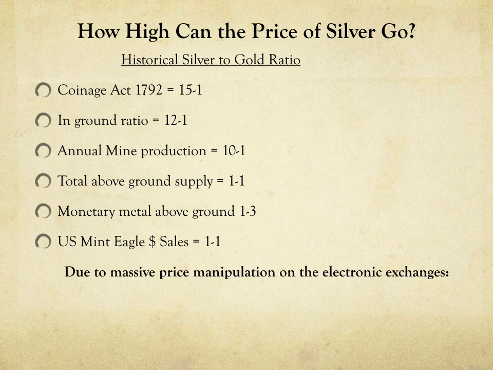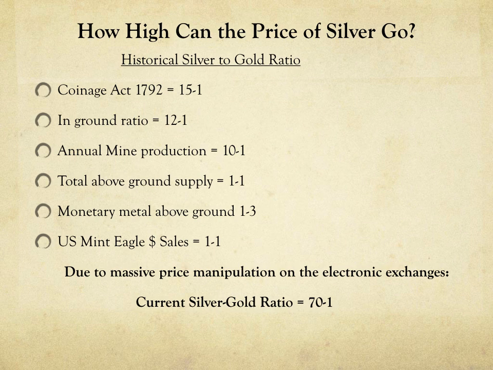Because due to massive price manipulation on the electronic exchanges, the current silver to gold ratio is 70 to 1. 70 ounces of silver to 1 ounce of gold. That is going to change drastically the very moment manipulation ends.